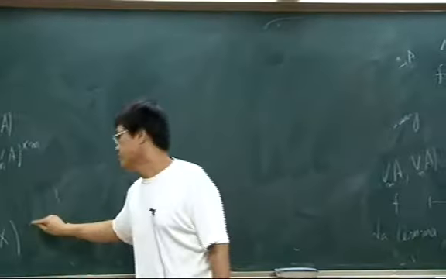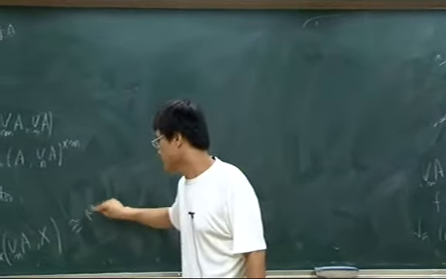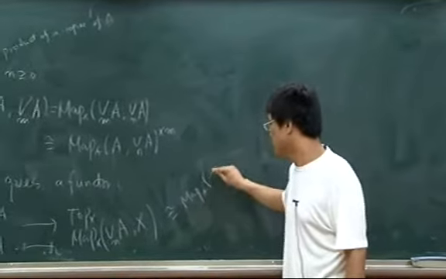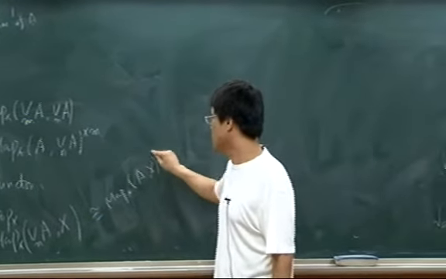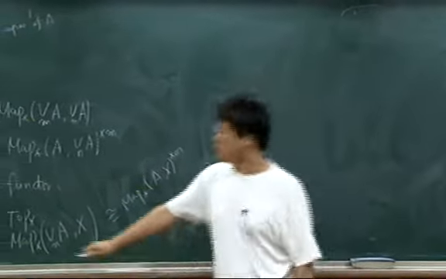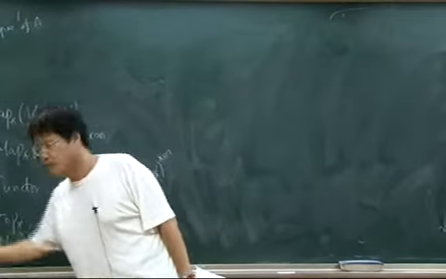Those are actually product preserving functors because of this one. So this was a product in this category, right? This becomes a product here.